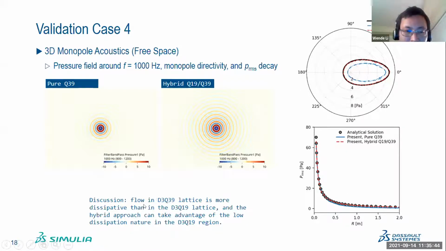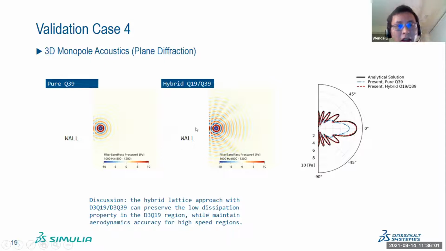The observation for this case is that the flow in the D3Q19 lattice is more dissipative than in the D3Q39 lattice, and the hybrid approach can take advantage of the low dissipation nature in the D3Q19 region. If we put a plane here, we can observe the same phenomenon.